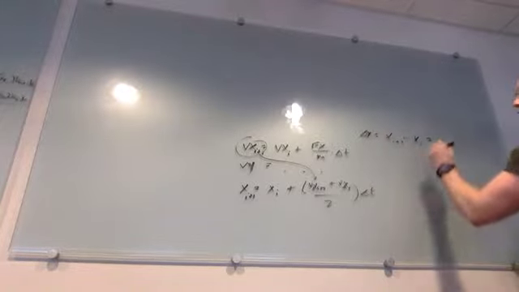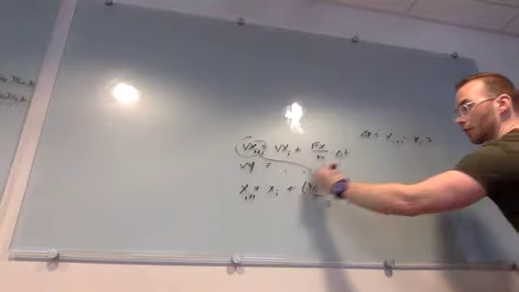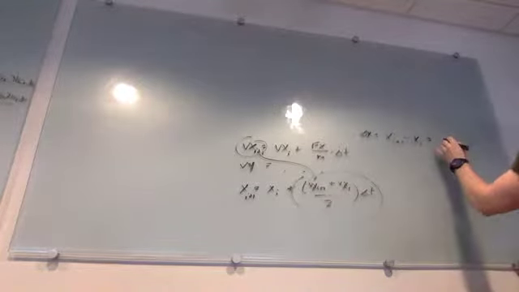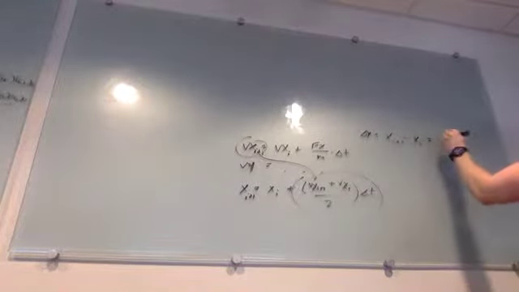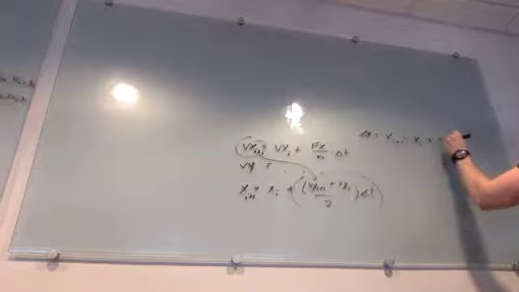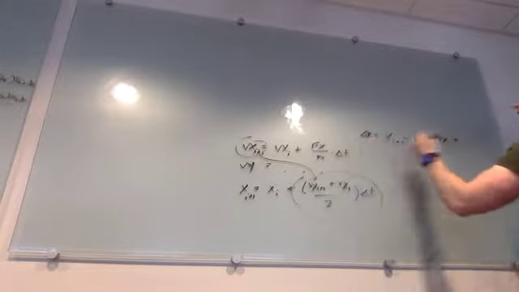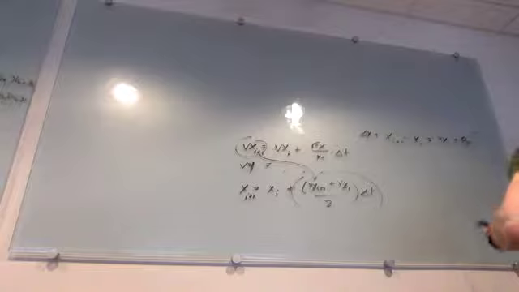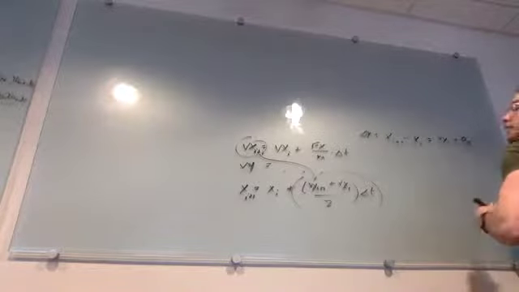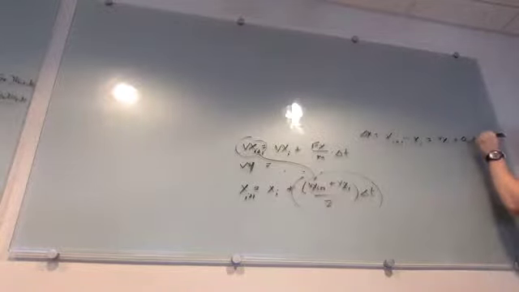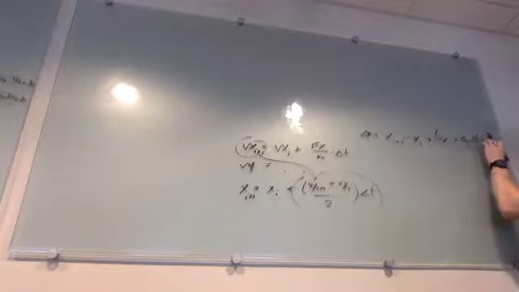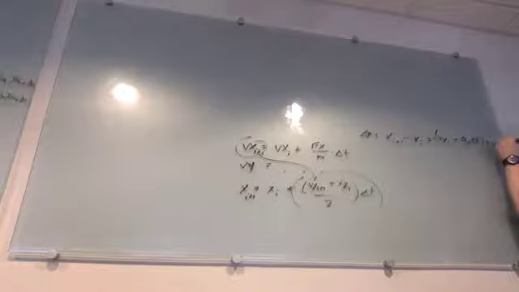This is vxi plus 1, which is actually vxi plus, I'll write this as ax times delta t, plus vxi.